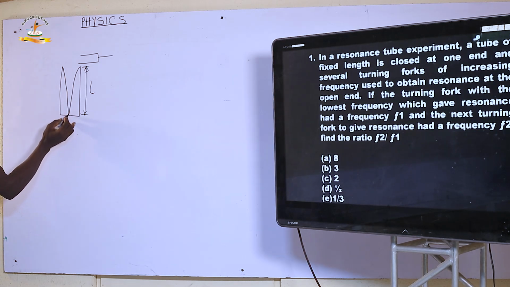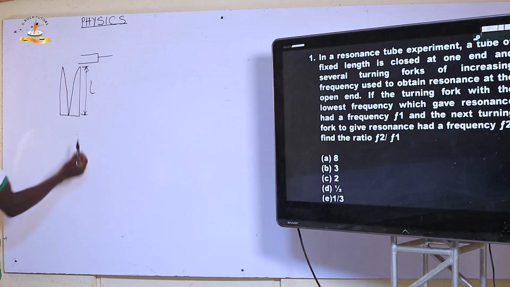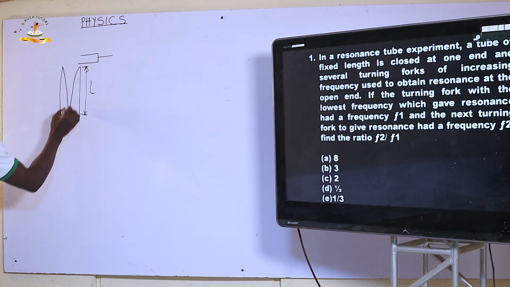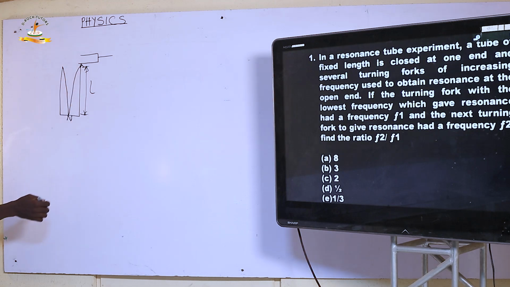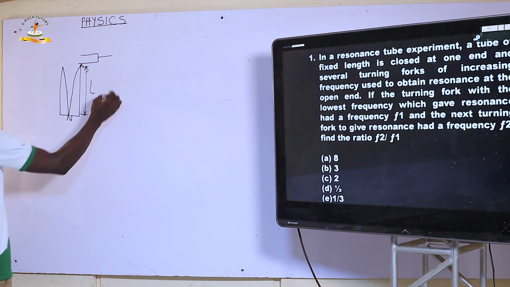And here, don't forget, there is one thing about this waveform. The distance between a node and an antinode is always lambda over 4. Maybe you're wondering how that happens. Let's quickly take a look at this sinusoidal waveform.